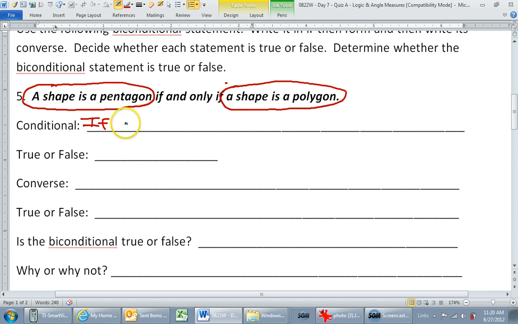If a shape is a pentagon, or I would have accepted it if you said if it is a pentagon, but I'm going to say it formally. If a shape is a pentagon, then it is a polygon.